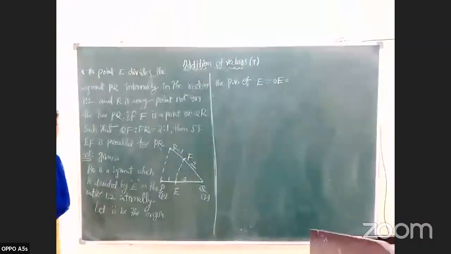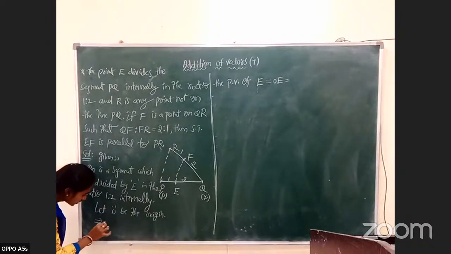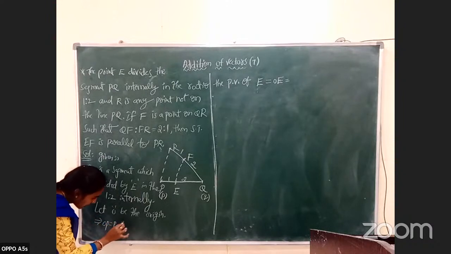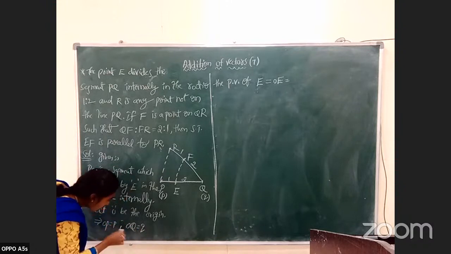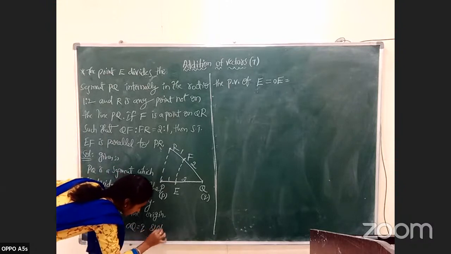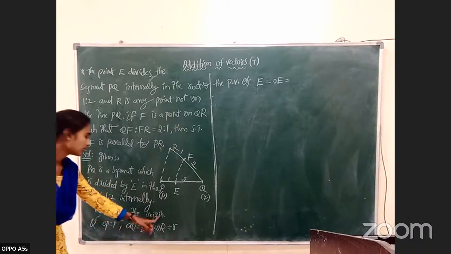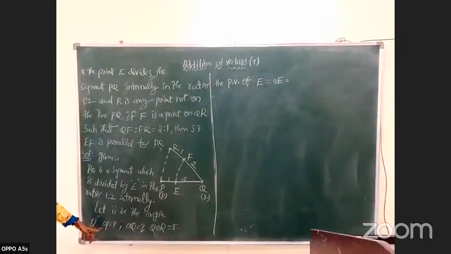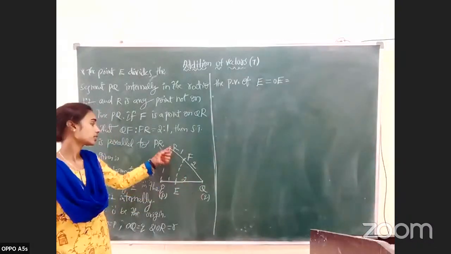Let O be the origin, that implies OP is equal to p, OQ is equal to q and OR is equal to r.